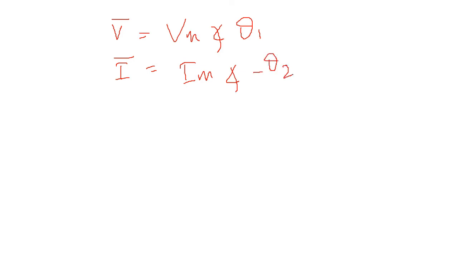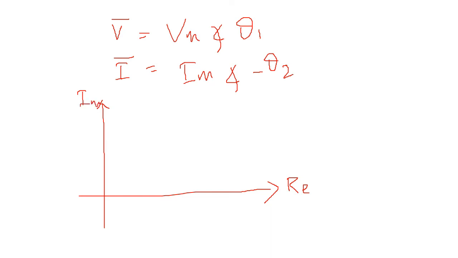So these are my two phasors. Now I'm going to draw them on my complex plane. I have to draw the x-axis and y-axis. The x-axis represents real numbers, and my y-axis will represent imaginary numbers. So Re and Im.